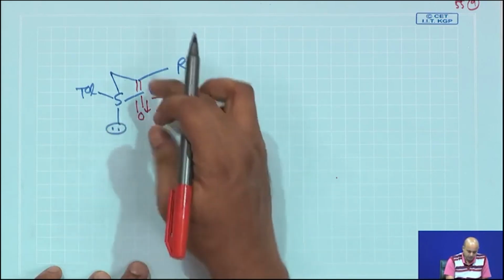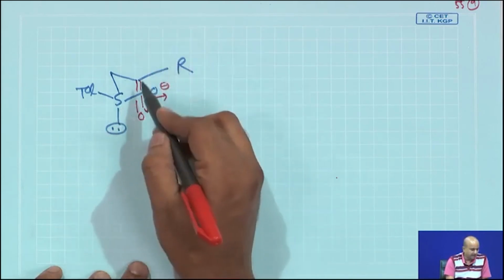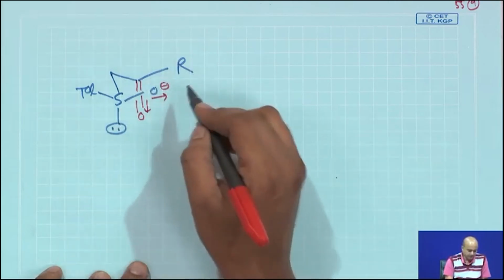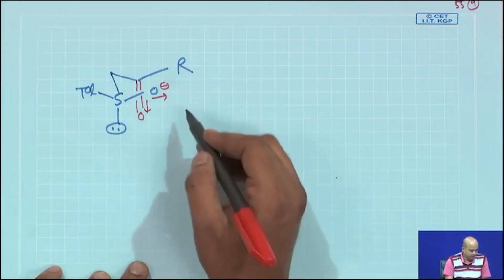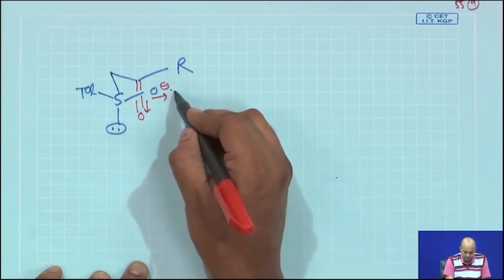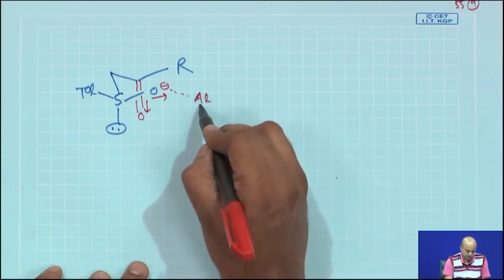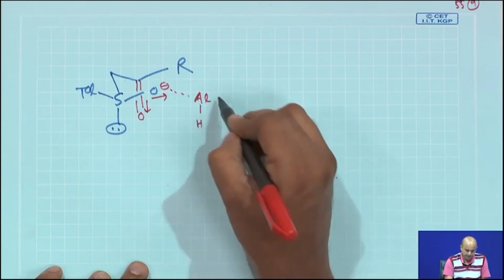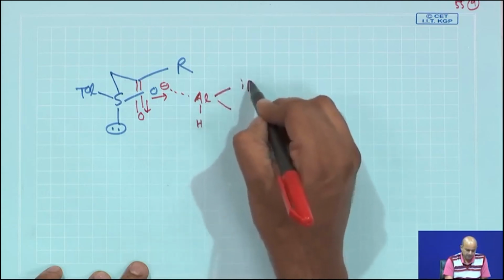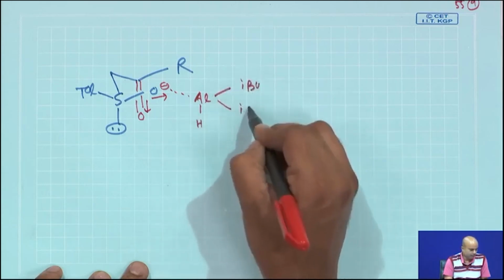So, this dipole dipole trying to repulse is why you have an anti alignment. And then you probably have a coordination here with this aluminum. You are having this hydride and then this bulky isobutyl group.